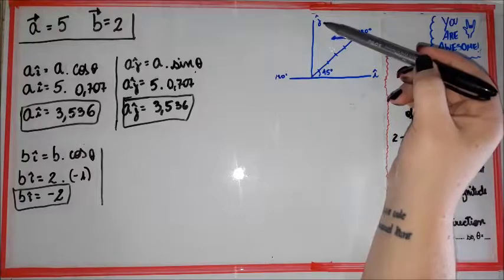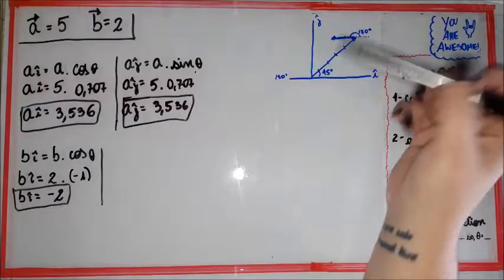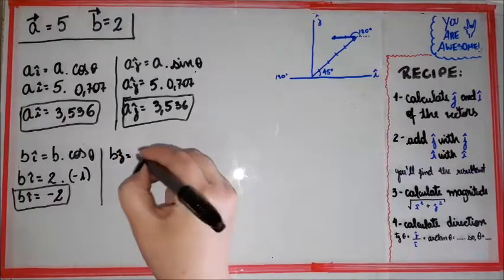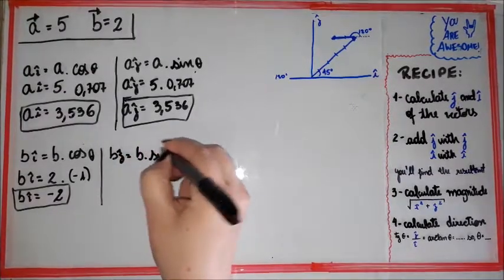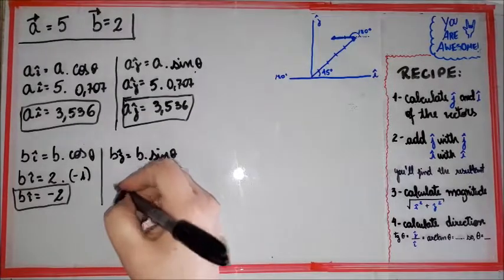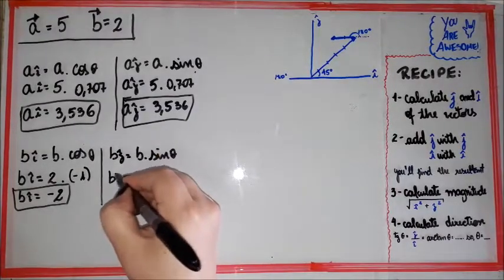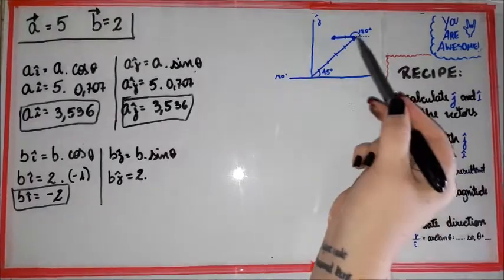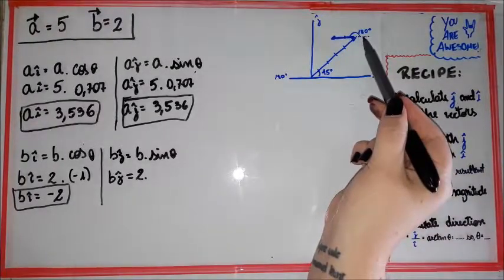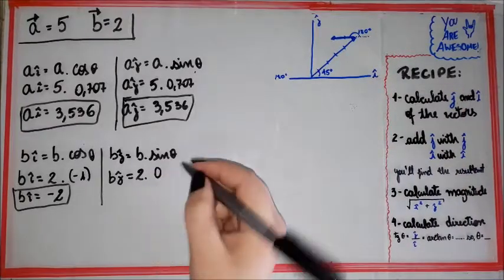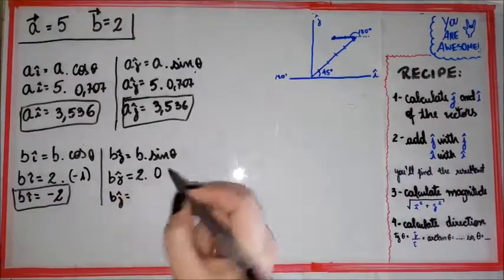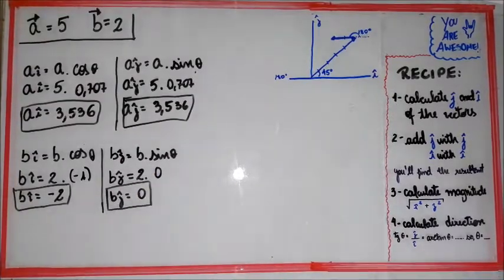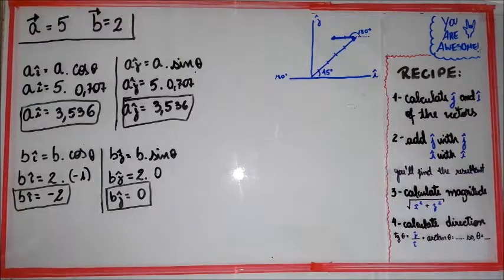So B j is equal to 0. But let's calculate anyway. B sine theta. B j is equal to sine of 180, as you know, 0. So B j is equal to 0.